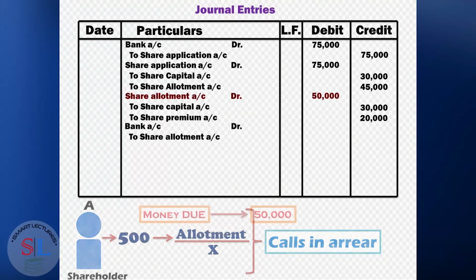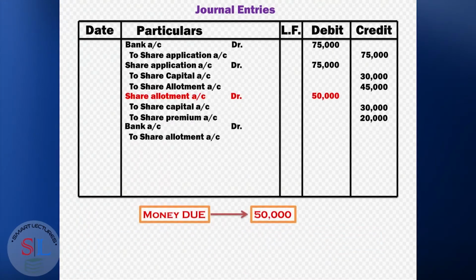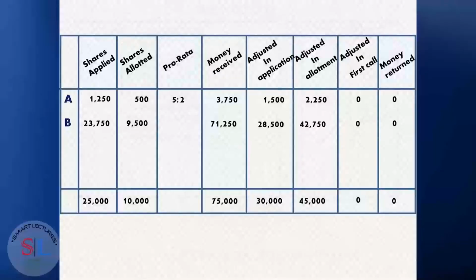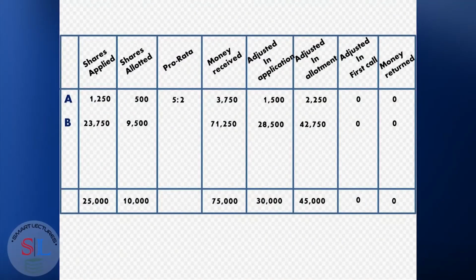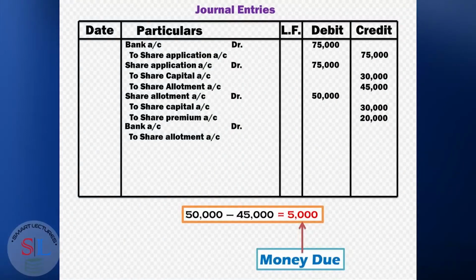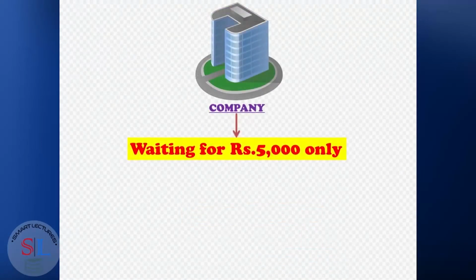At the time of allotment, the money due was 50,000 rupees minus 45,000 rupees, because 45,000 rupees had already been received as advance money in the allotment. If you look at the table, 45,000 was advance money. So we cannot get 45,000 rupees at the time of allotment. In real terms, the money due was only 5,000 rupees. It means the company was waiting for 5,000 rupees.